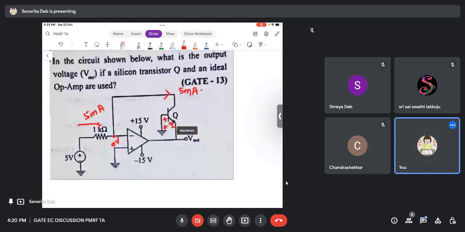So the voltage VBE will be 0.7. You just put a KVL from this loop to Vout. So what you will get? Plus 0.7 plus Vout is 0.